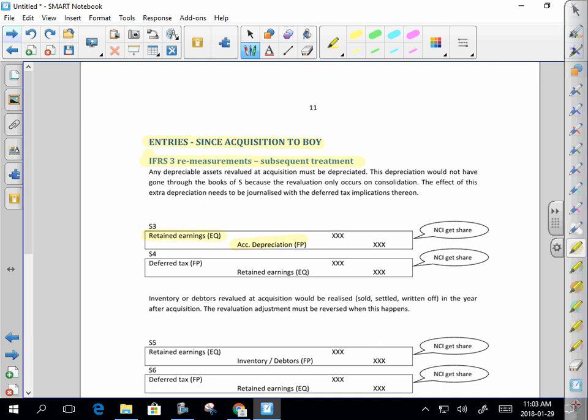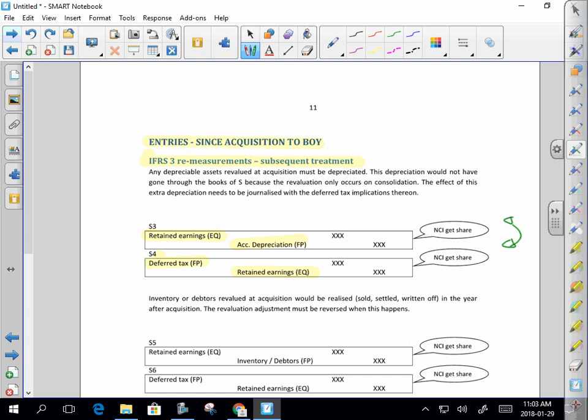But if it's in a prior year, it affects opening balance retained earnings. Does that have a tax effect? Yes, it does. No change in the tax rule. And then make a note to yourselves, please, that that entry could go both ways. So in your at acquisition entry, you could have made the asset bigger.